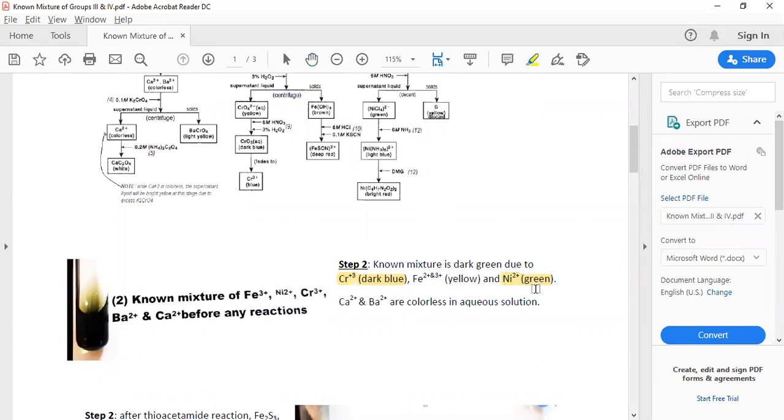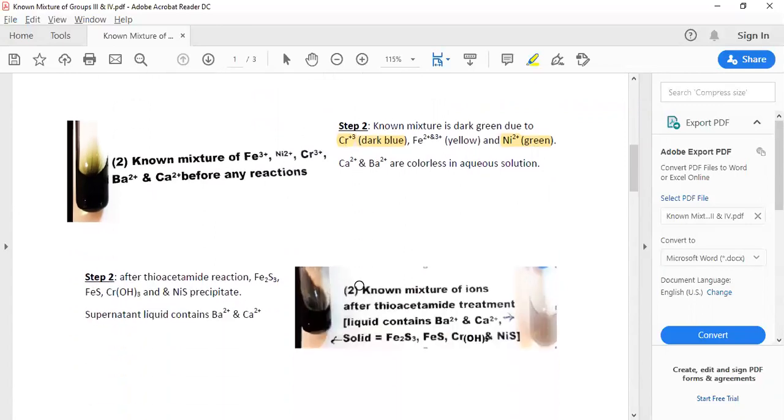So that's why you get this dark color. After the thioacetamide basic precipitation, you're going to get a separation. You can see here on the left, this is the precipitate that has the group 3 ions, the iron, chromium, and nickel, also the iron 3. And then over here, you're going to have a semi-clear supernatant that should have the barium and calcium ions.